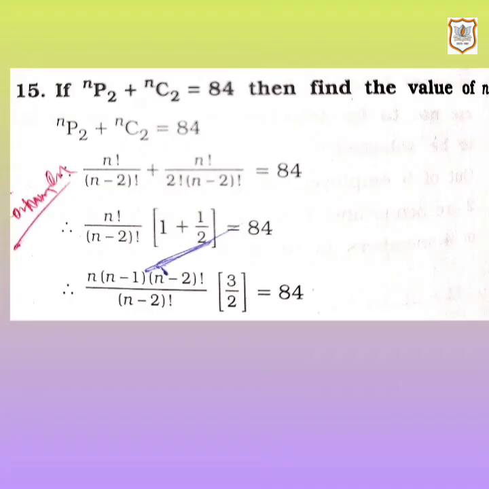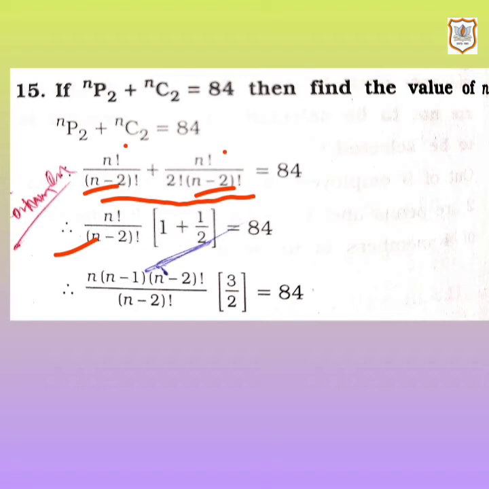So here if you see, there is something common in these two, that is n factorial in the numerator, and in the denominator n minus 2 factorial is common. So the common part will be taken out: n factorial upon n minus 2 factorial.